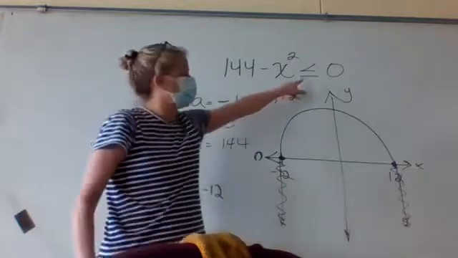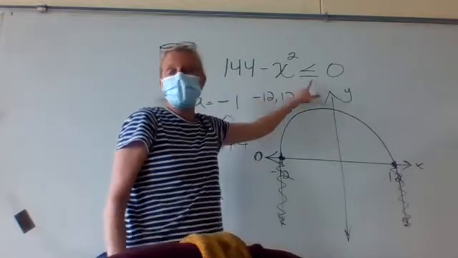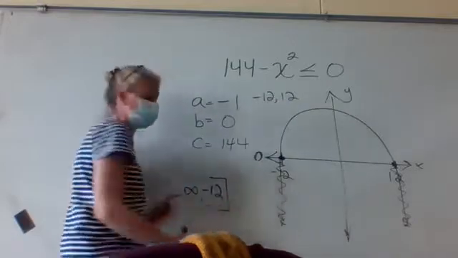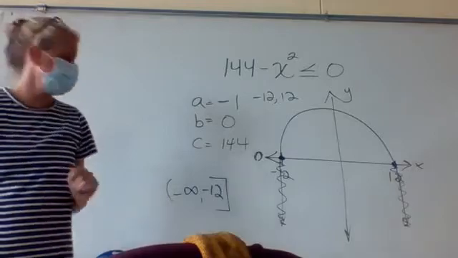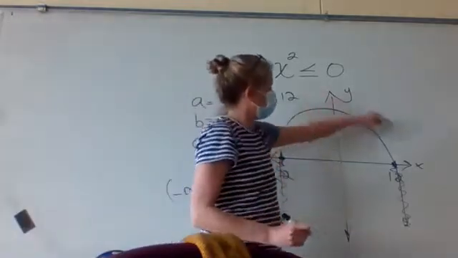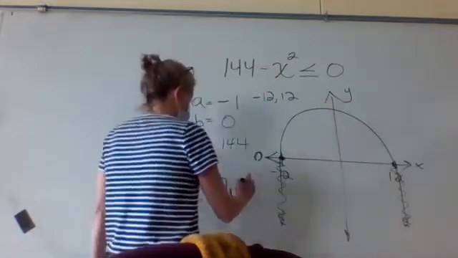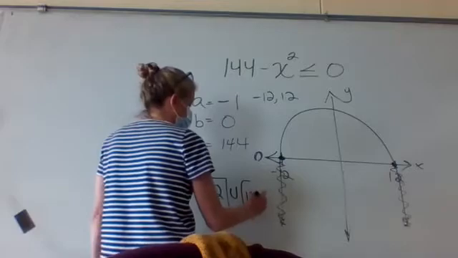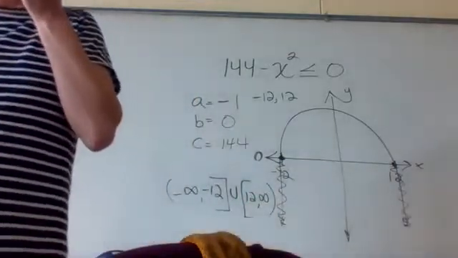Now, does this one have the equal to bar? It does, which means around your numbers, you're going to put brackets. In union with. So it's above it until it gets to positive 12. And again, it has a bracket into infinity, which is always a parenthesis.